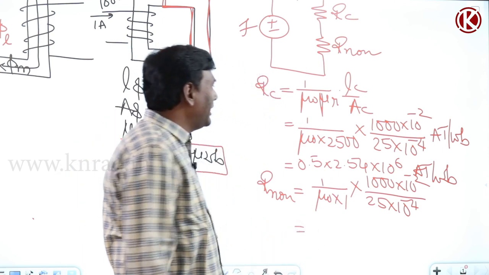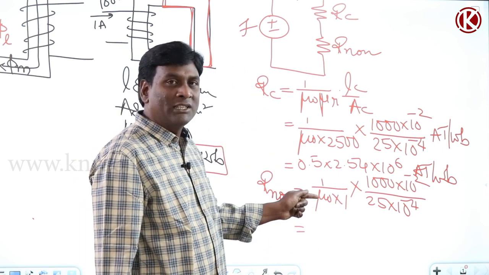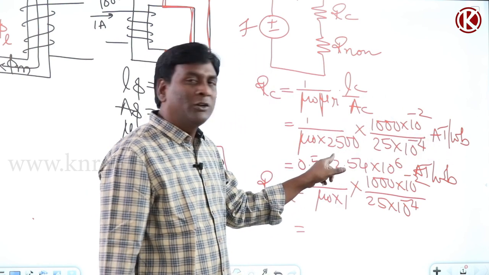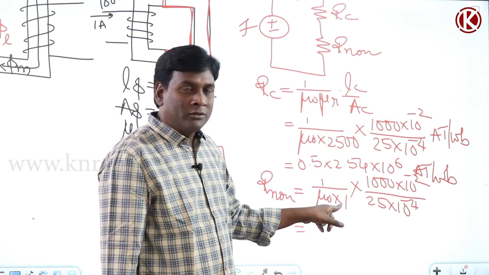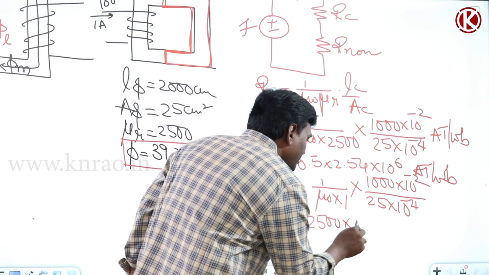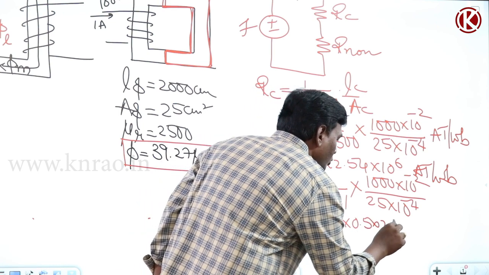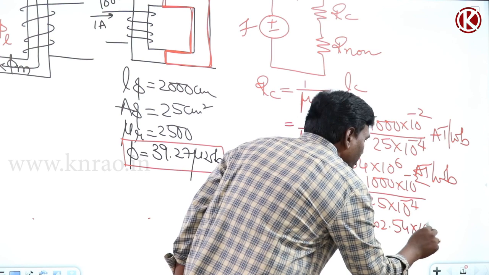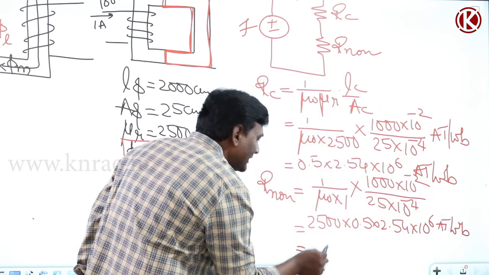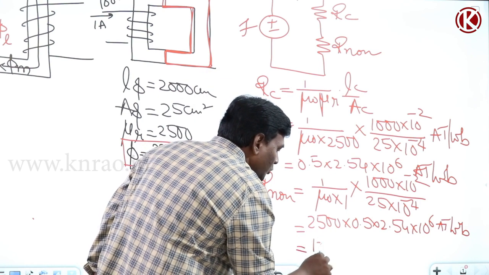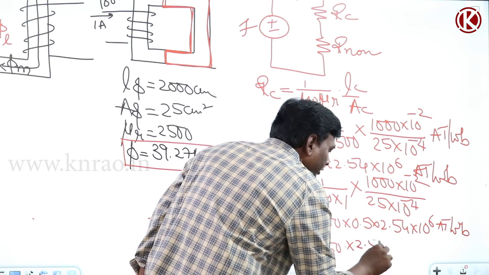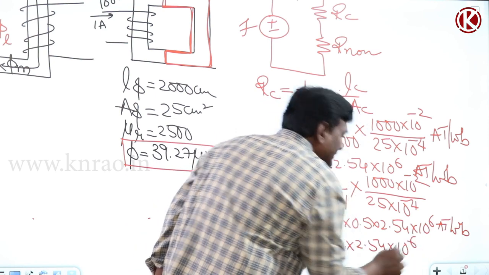So what is the difference between here and here? It is 1 by mu naught, the remaining is the same, it is 1 by 2500 versus 1 by 1. So it is 2500 times of this. So this is going to be 2500 into 0.5 into 2.54 into 10 to the power of 6 ampere turns per Weber. Or else I can say this is going to be 1250 into 2.54 into 10 to the power of 6.